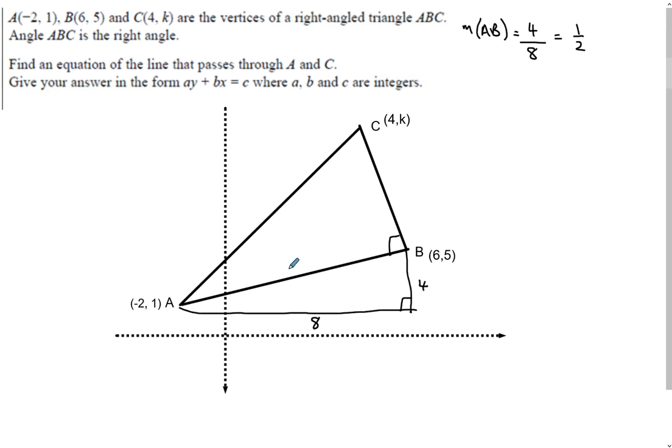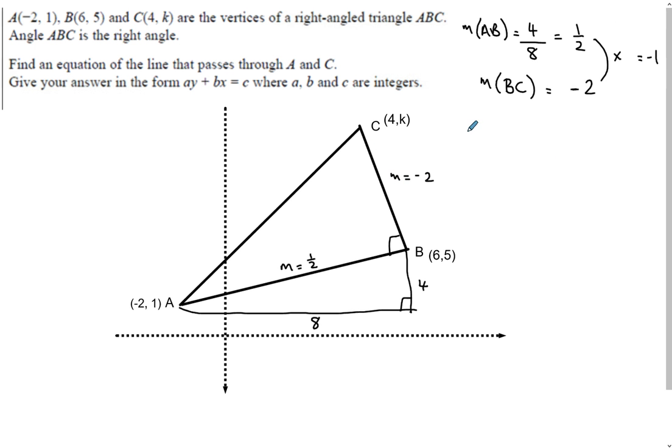So your m equals a half there. So what's the reciprocal of a half? 2. So your gradient of BC will be 2, and then you change the sign, because you know a half times -2 will give you -1. So we know that m here is -2.